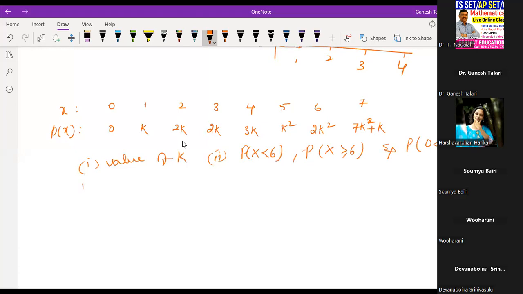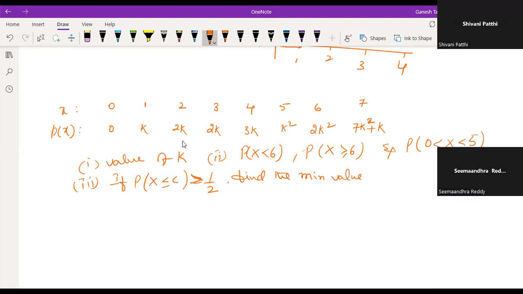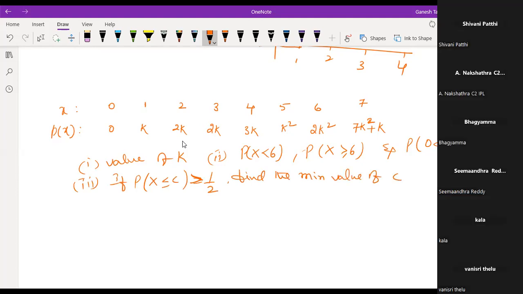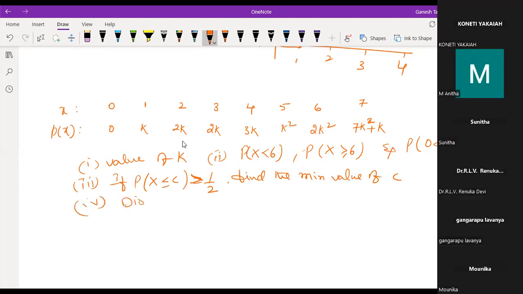And third, if the probability of x less than or equal to c is greater than half, what is the minimum value of c? And finally, describe the distribution function.